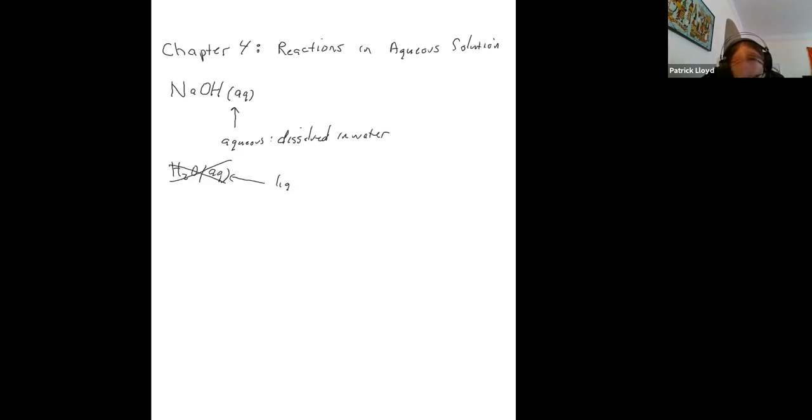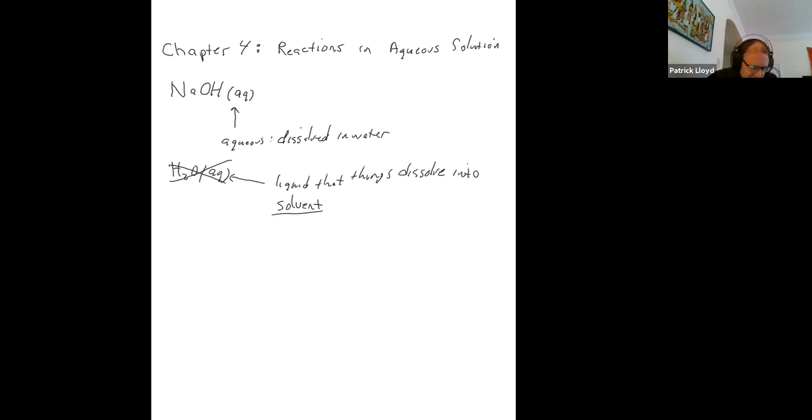This is the liquid that things dissolve in, and the liquid that things dissolve into is called the solvent. The solvent is the liquid. So if you have pure water, it's a liquid, it's not aqueous. Aqueous means you're dissolved into the water.